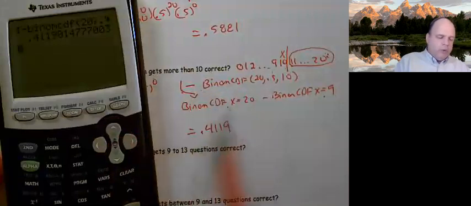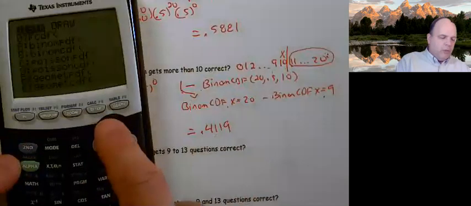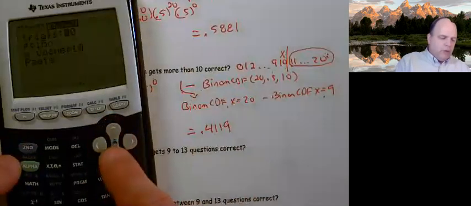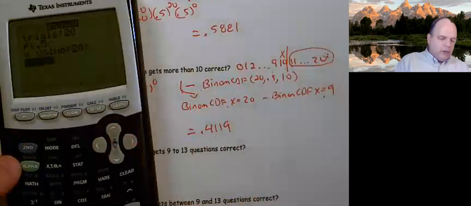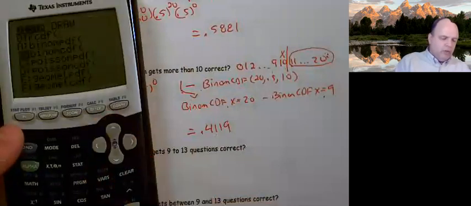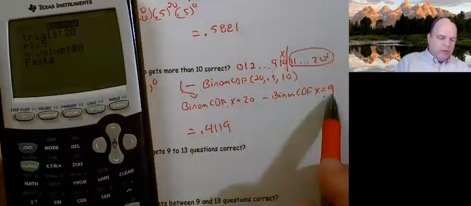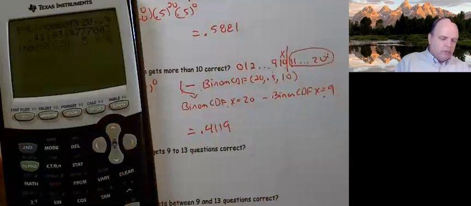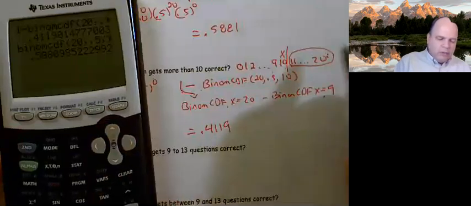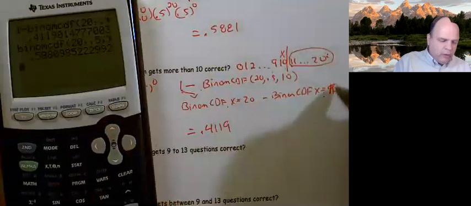What if I'd done it with a 20? Second vars, binomial CDF, 20 trials, X value 20, enter, minus, oops, not plus, minus, second vars, binomial CDF, X value is 9. And how come I got different values? Oh, because this is a 10.